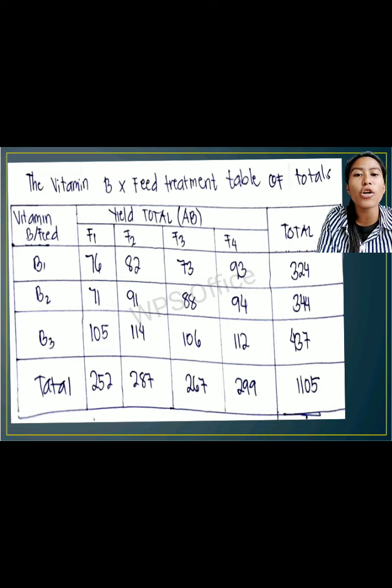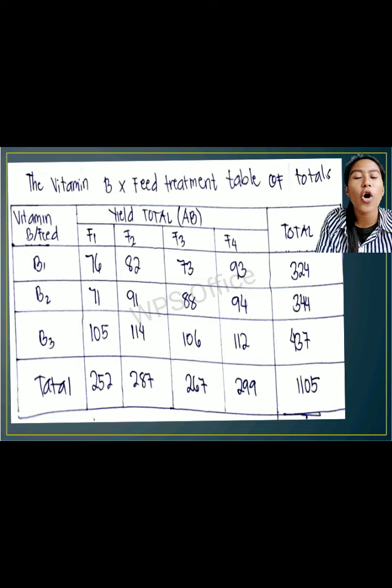Next, row 3, B sub 3: feed treatment 1, 105 plus feed treatment 2, 114 plus feed treatment 3, 106 plus feed treatment 4, 112 equals 437.